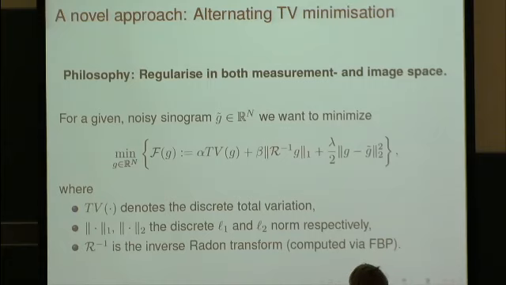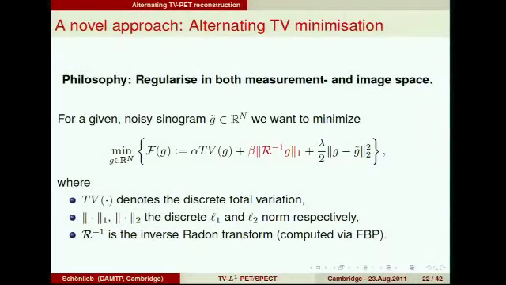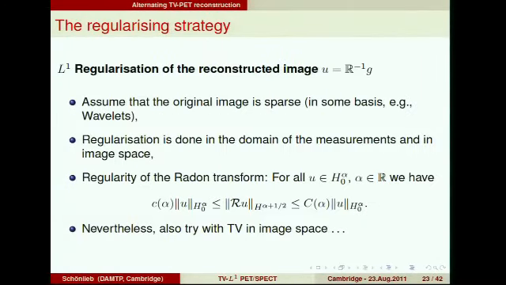So again, why do we only do L1 regularization in image space? Well, the first motivation, as I said, was just to see the kind of pure effects that TV minimization on the sinogram has in image space.